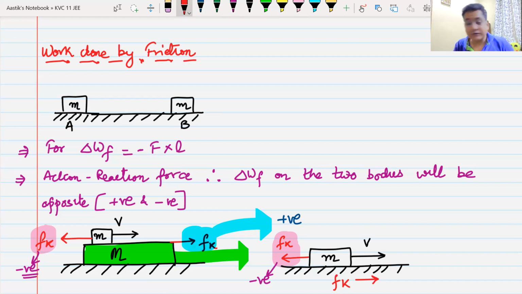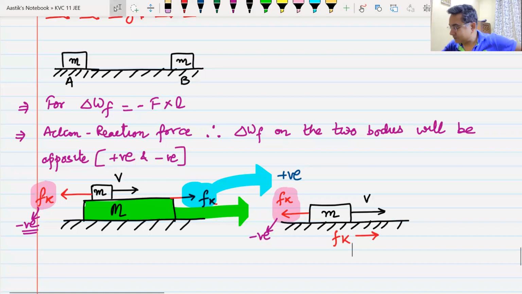I again ask the same question. What is the work done by friction on ground here? Zero. So please understand this. In this case, the work done by one friction is positive and the work done by the other friction is zero because the ground does not move.